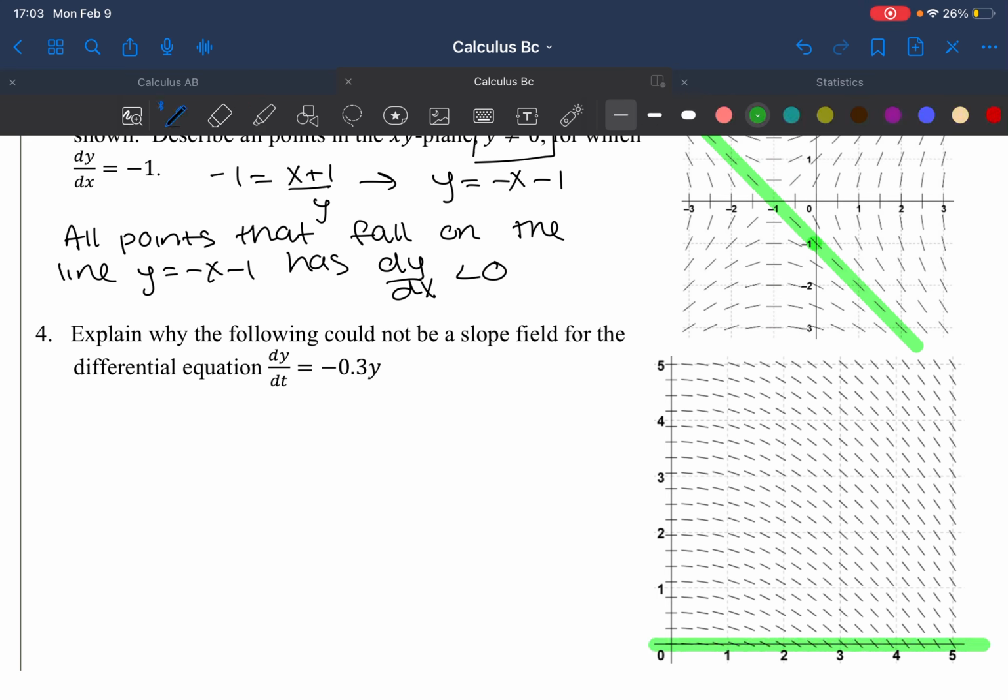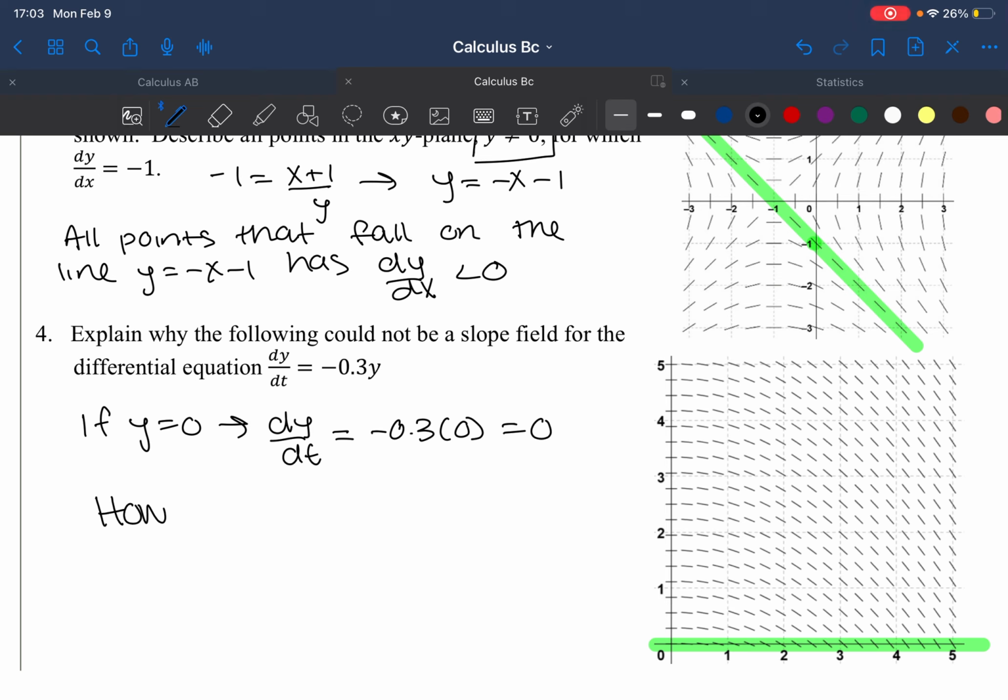This tells me that if y is equal to 0, then dy/dt should be equal to negative 0.3 times 0, which is 0. Which means if I look at the line that I highlighted, all of those slopes should be 0 slopes, or horizontal lines. But since not all of them are horizontal lines, this proves that this is not the slope field for dy/dt. So I'm going to write that.